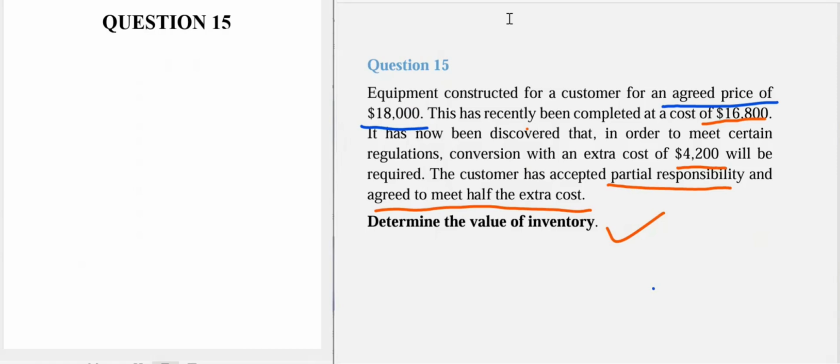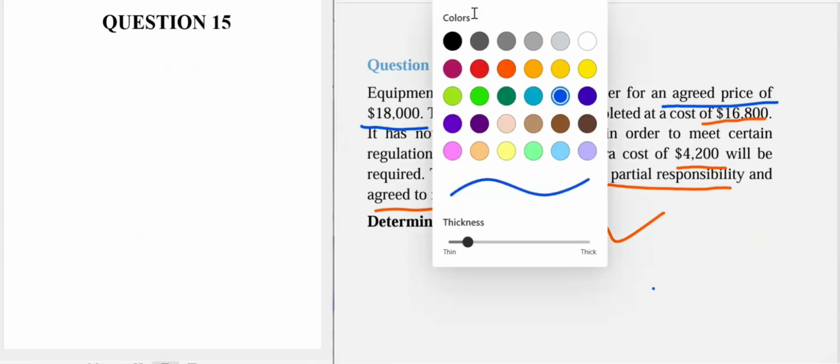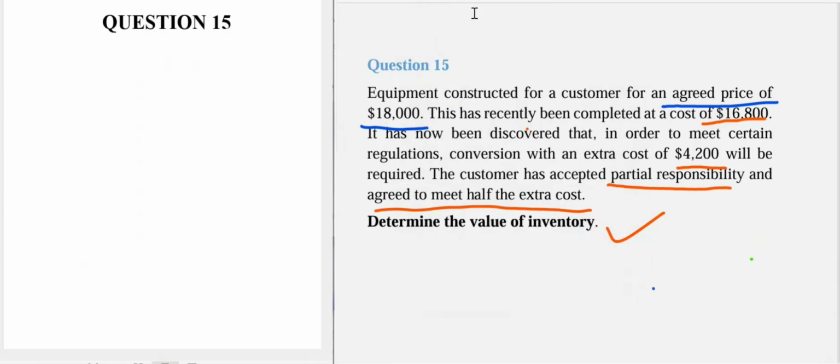We're told that it was completed at the cost of $16,800. So this is the cost we incur to work on it, the cost of the equipment. So we said the $18,000 is the selling price. It has been done for the customer at that price, and this is the cost to do it.